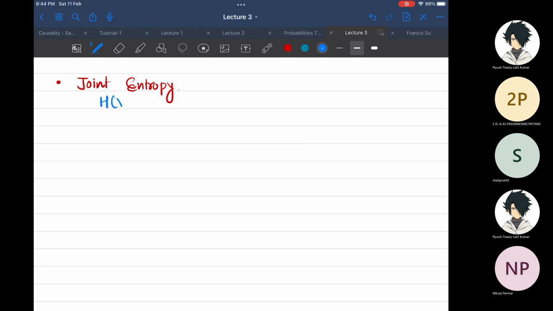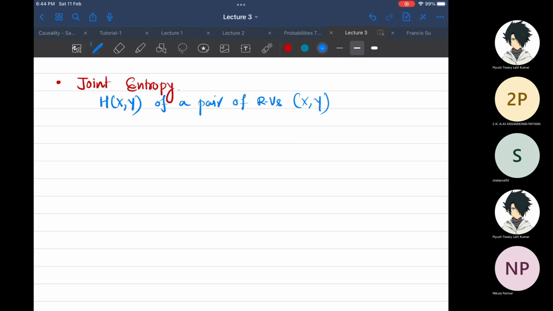It is denoted by H of X comma Y. This is the notation, H(X,Y). So it is the joint entropy of a pair of random variables X comma Y.